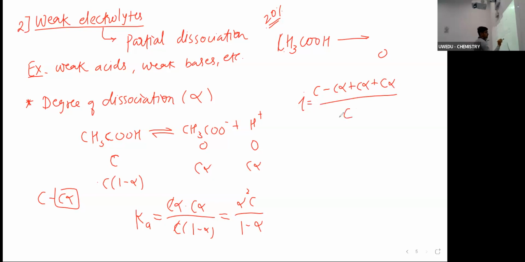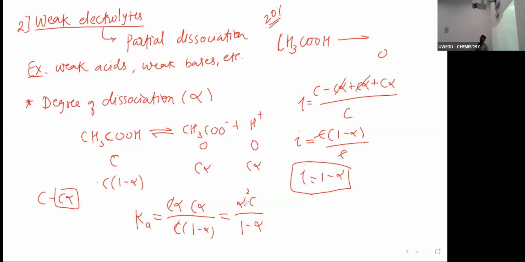The C alpha cancels, C is common, 1 minus alpha upon C, C cancels, so I is equal to 1 minus alpha. This is the relation we got for the I value.